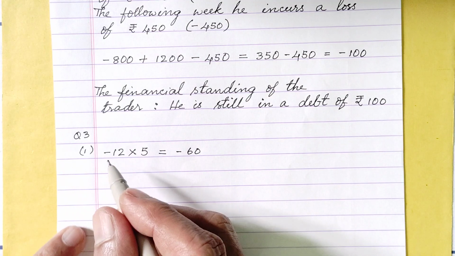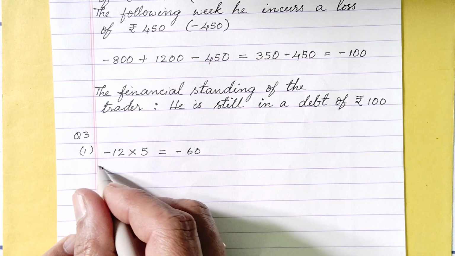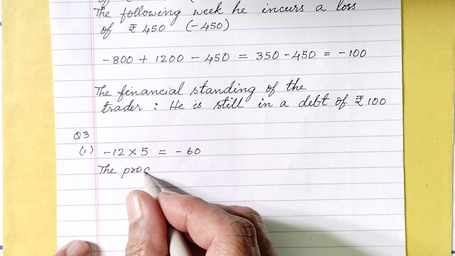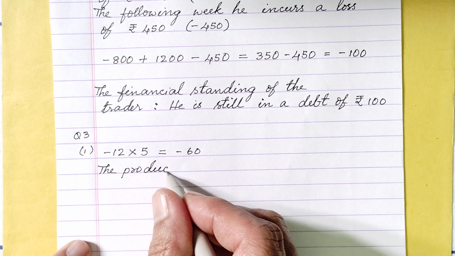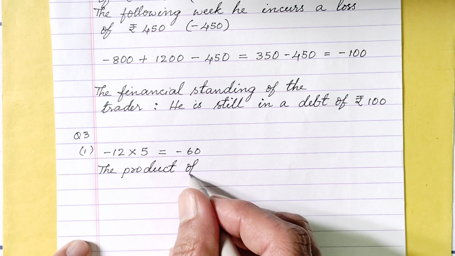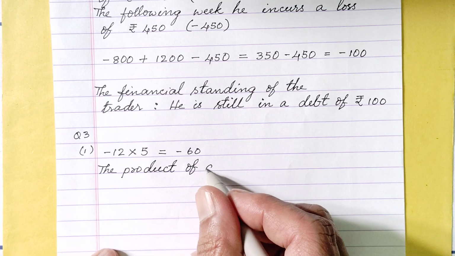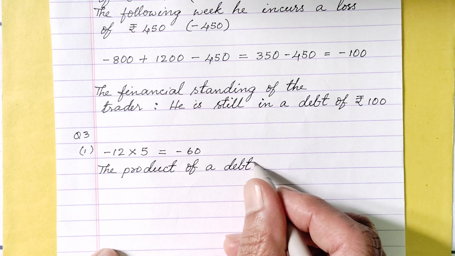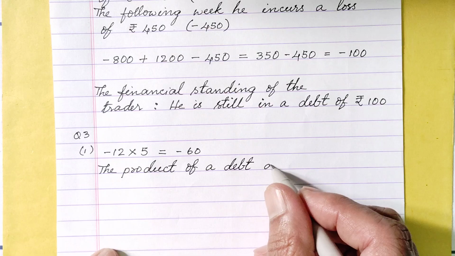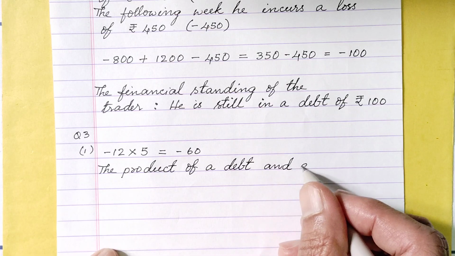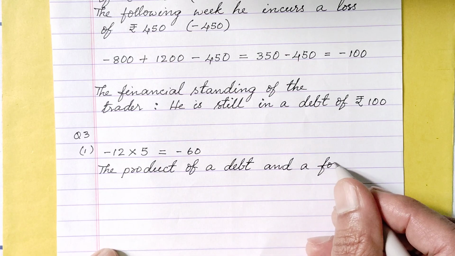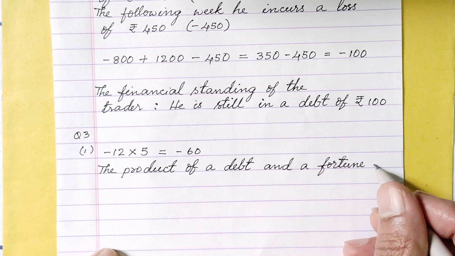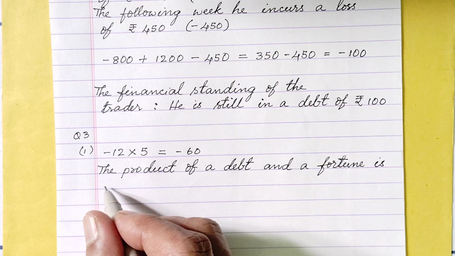So the law says the product of a debt and a fortune is a debt.